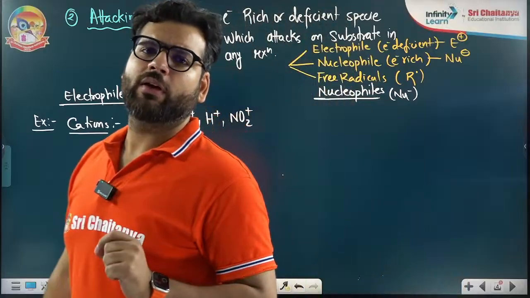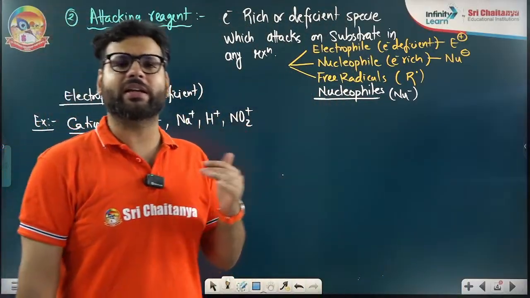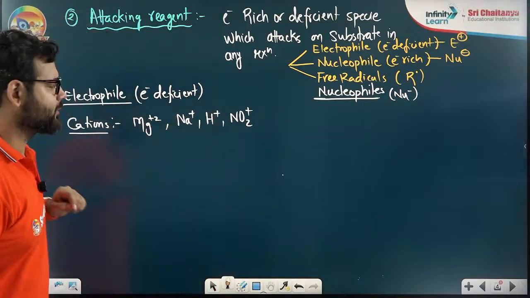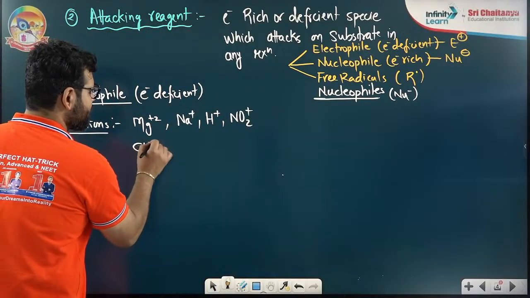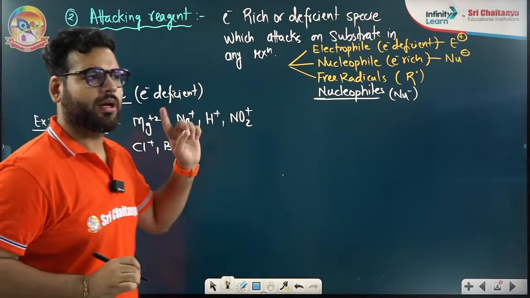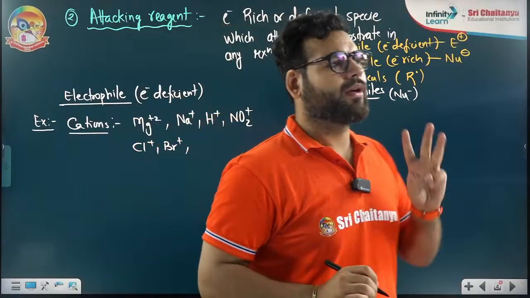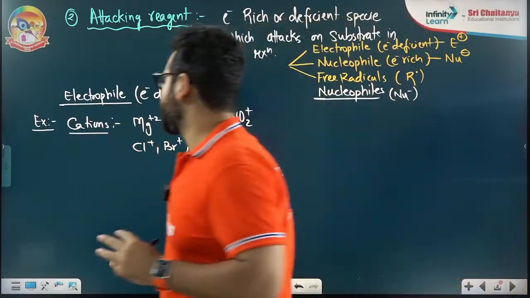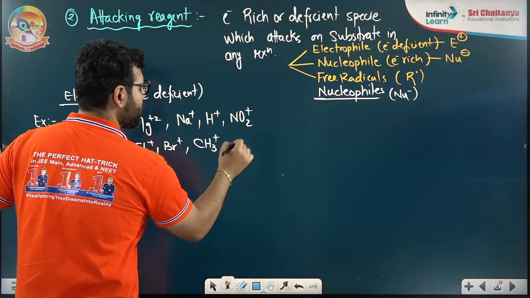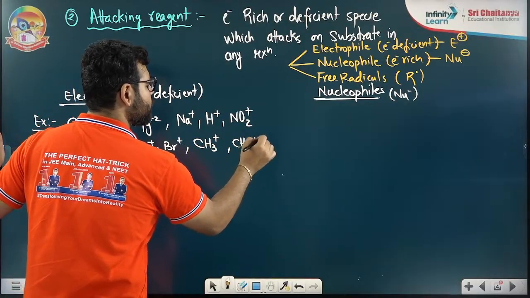Now, whenever you think of electrophile, remember there are 5 major electrophilic reactions which happen in the benzene chapter. We call it electrophilic substitution reaction, ESR. They are nitration, where NO2 plus takes part. Halogenation, where Cl plus, Br plus react. Third one, Friedel-Crafts alkylation, where carbocations react, so carbocation, CH3 positive, CH3CH2 positive.